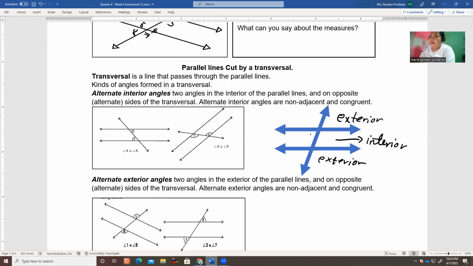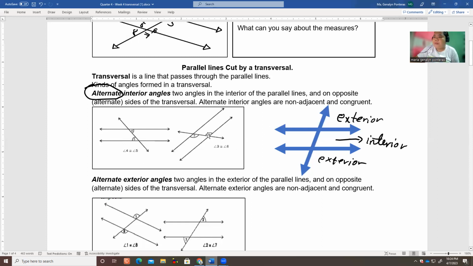Okay, so when we say alternate interior angles, from the word itself, alternate, meaning to say isa sa left, isa sa right. And this can be found inside the parallel lines, bounded by the parallel line. So this is an example of alternate interior angles. Isa sa left, isa sa right, pero nasa loob ng parallel line.